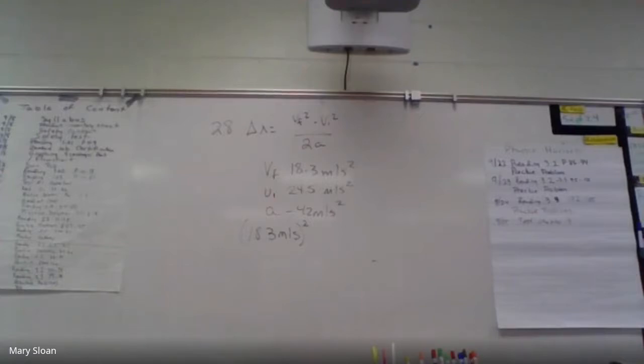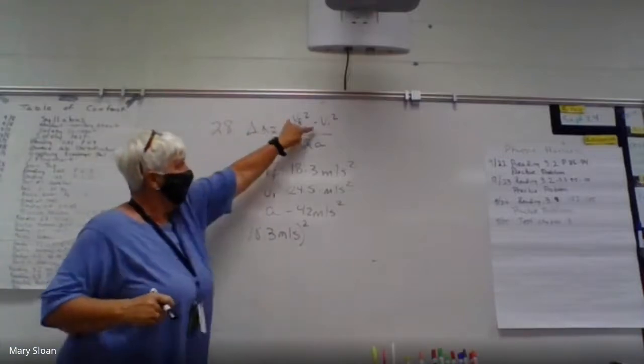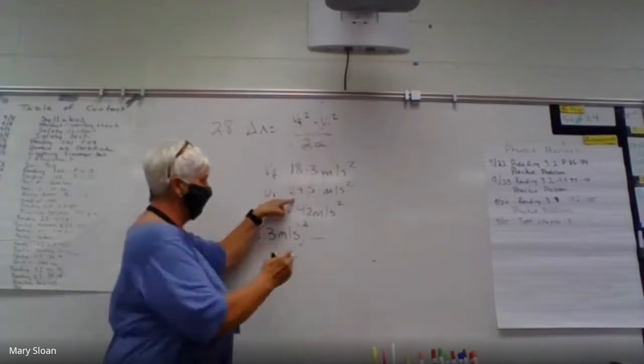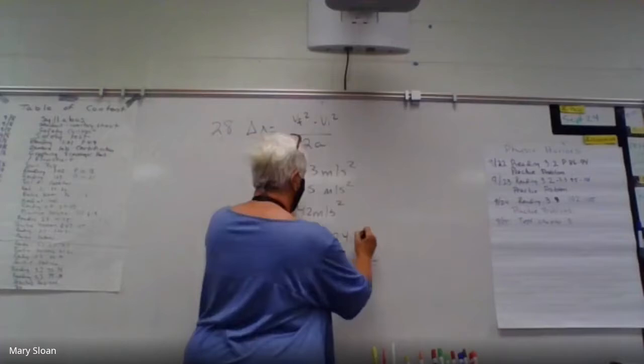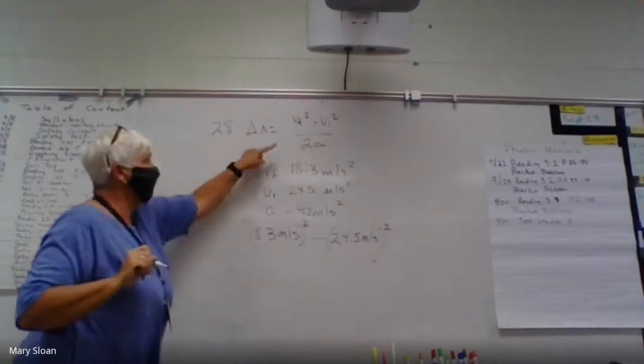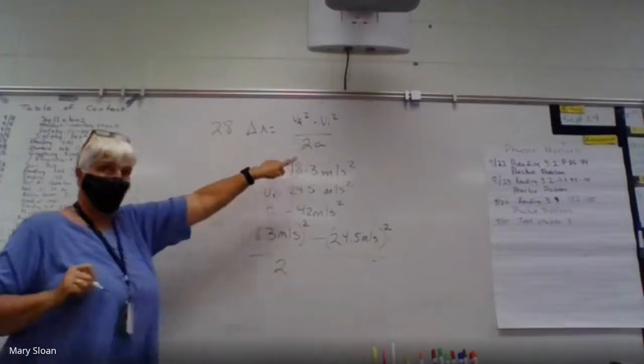Okay. So that's the first variable I have. And I'm going to subtract that by my velocity initial, which is this one. And it tells me to divide it by 2 times the acceleration.